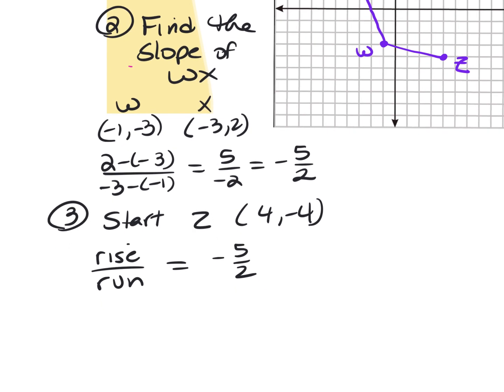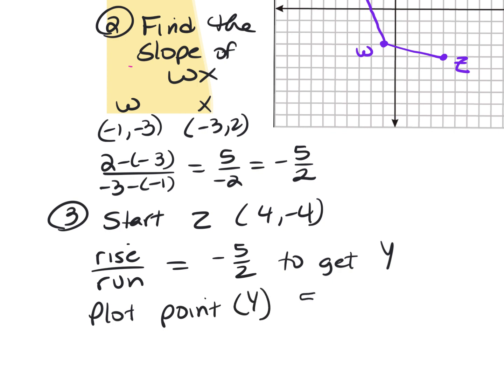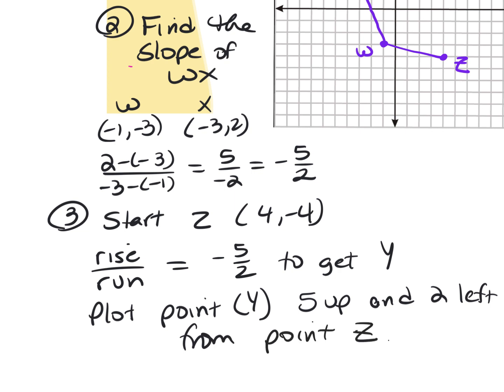So I'm going to move to get to Y. So I'm going to be plotting a point for Y. And I'm going to go 5 up from Z, 5 up and 2 to the left from point Z.